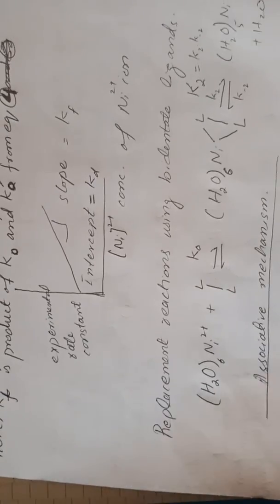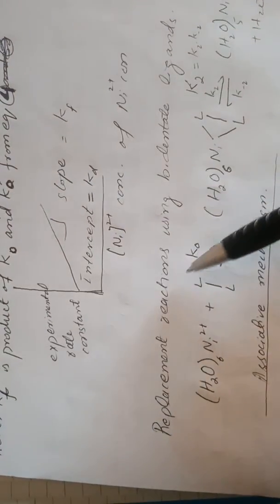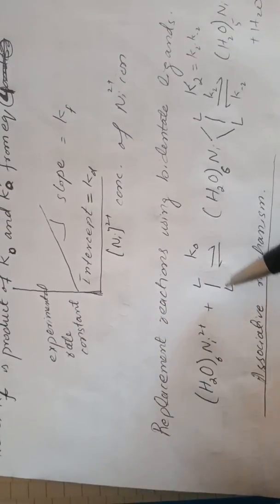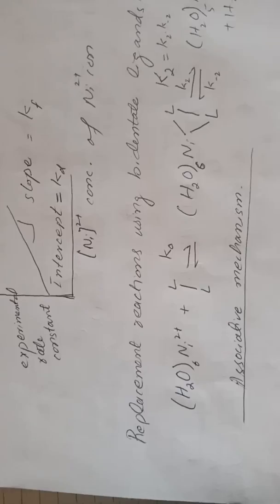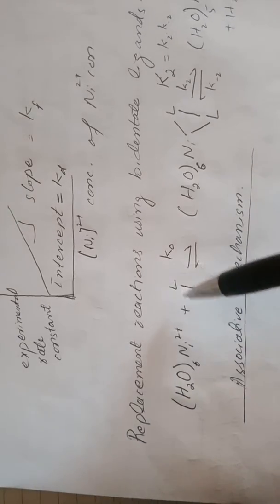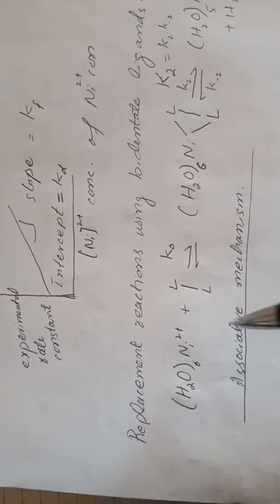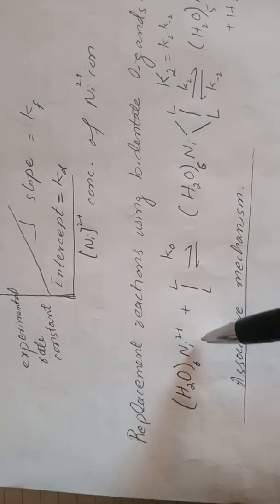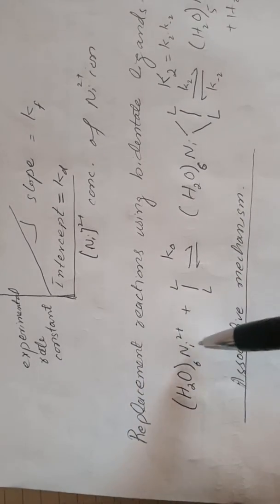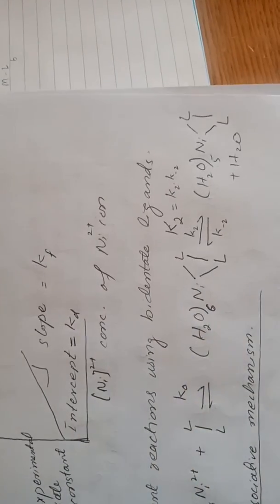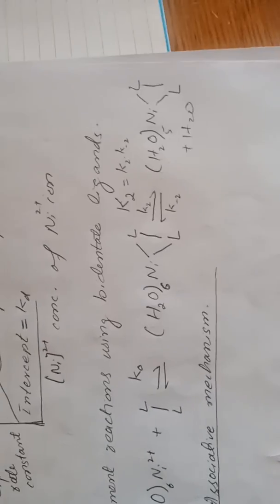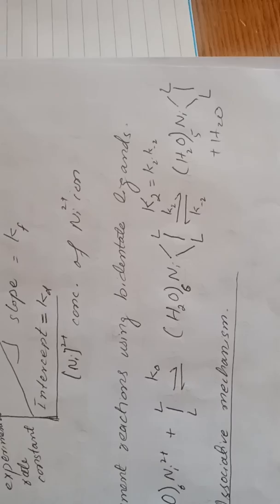And for this case, if we replace the ligand with the bidentate ligand, which can donate two electron pairs simultaneously to a central metal ion of this complex, making a ring-like structure, for this case experimentally observed reaction was associative mechanism.